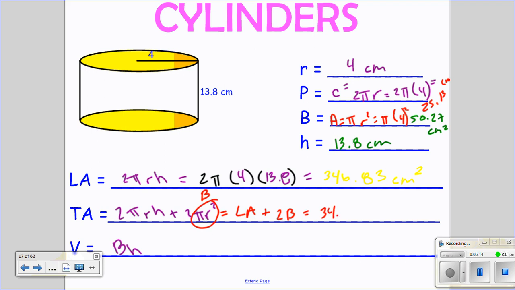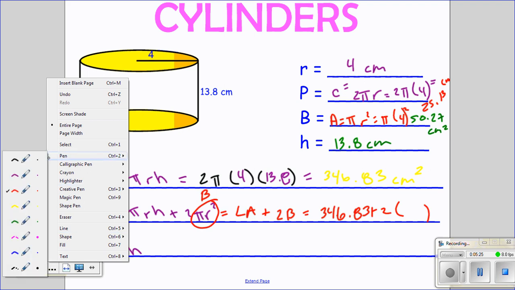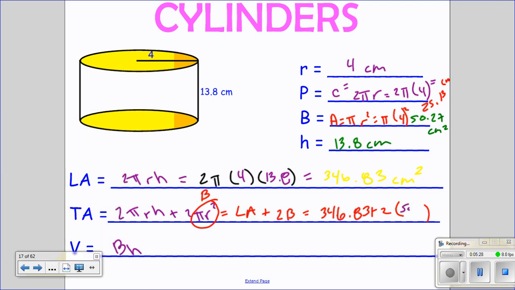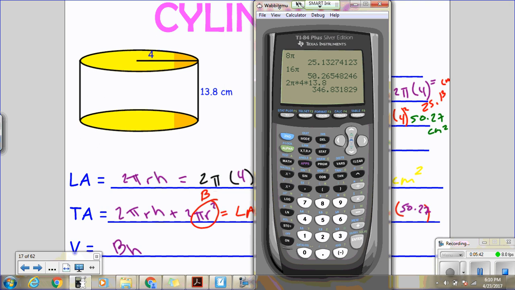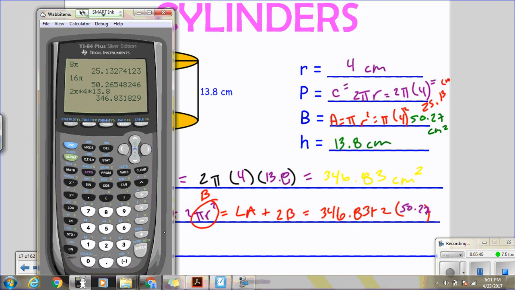So it's 346.83 plus 2 times B, and B is about 50.27. And so I just need to add those together. Now I'll grab my calculator. So I'll take the area I just had found plus 2 times 50.27.